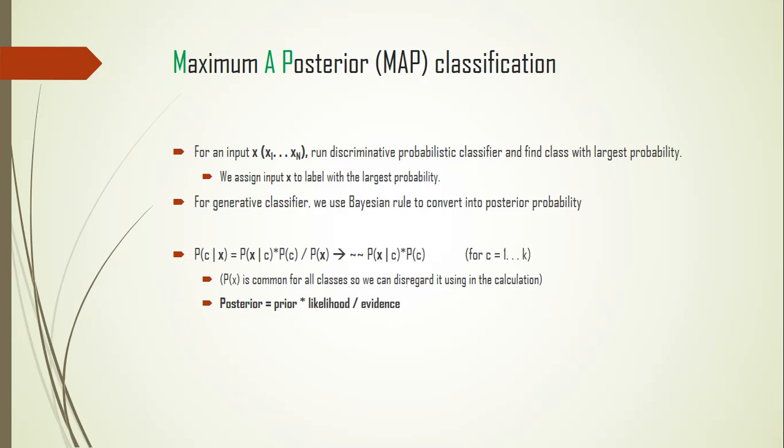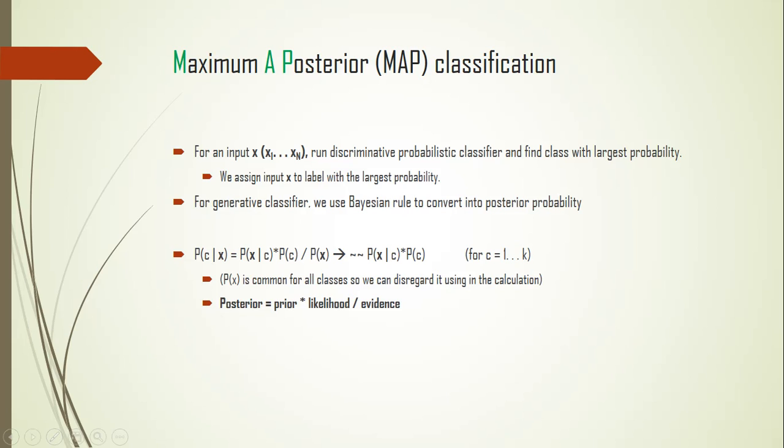Now let's discuss the topic of maximum a posteriori classification, also known as MAP. For an input consisting of n words in a document, we run the discriminative probabilistic classifier and find the class with the largest probability. We assign input X to the label with the largest probability. For a generative classifier, we use the Bayesian rule to convert our formula into a posterior probability.